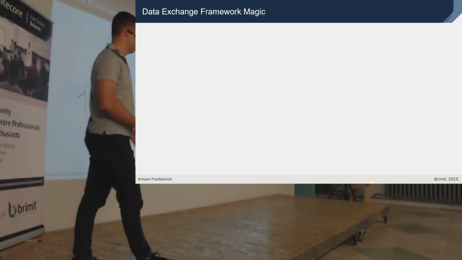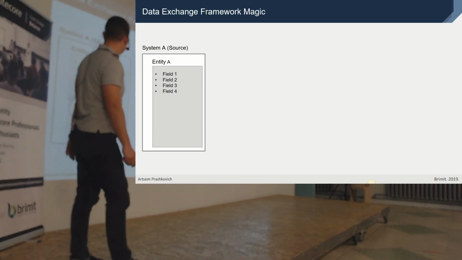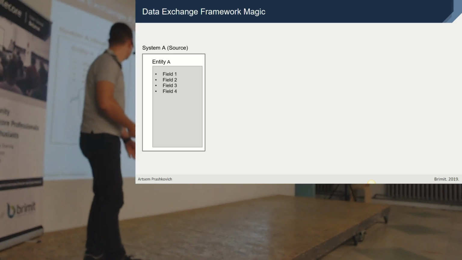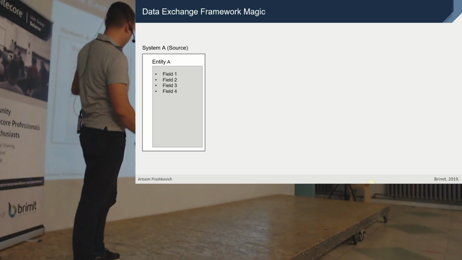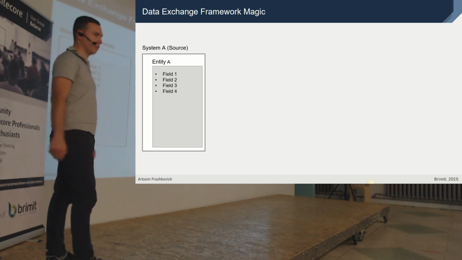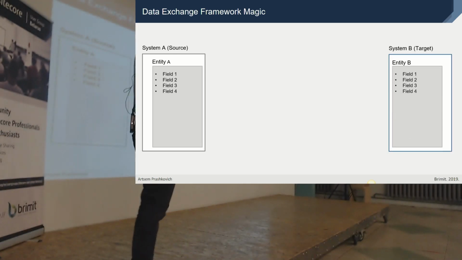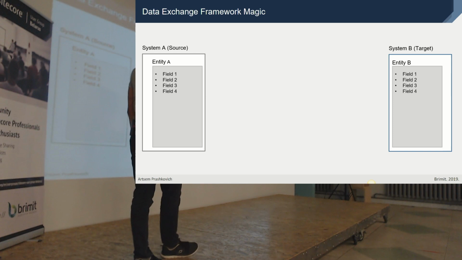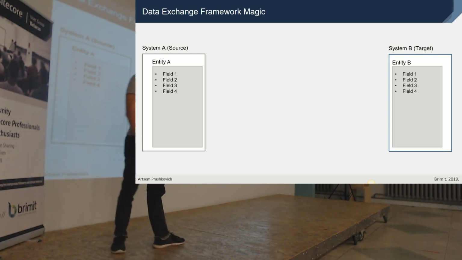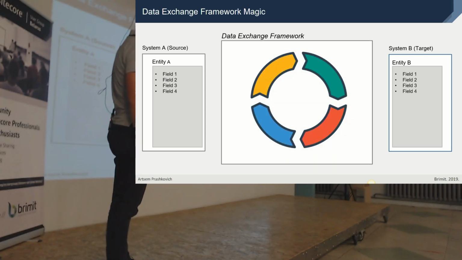So how does it usually work? We have some system one, let's say the source system, the system where we will take the data. We have some entity A with 4 different fields there. Then we have system B, let's say the target, with entity B and also 4 different fields. Then we have Data Exchange Framework between them.